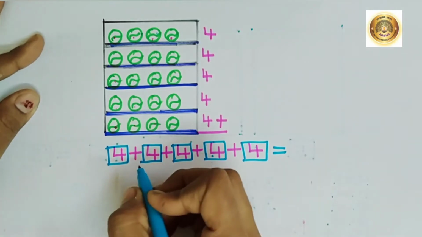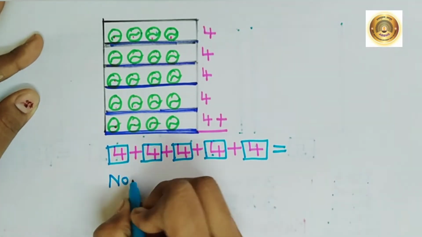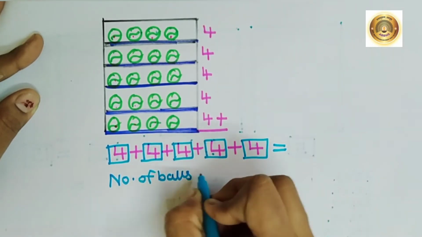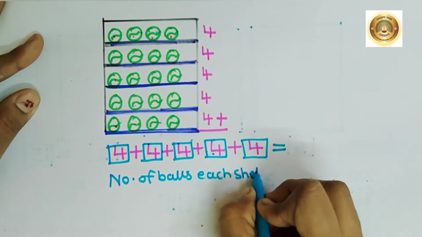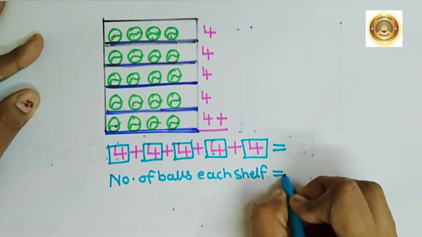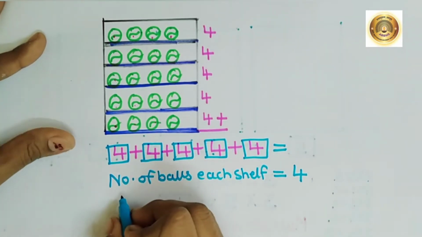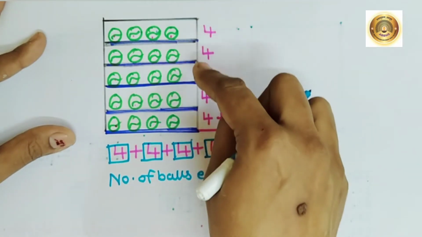So we will write here number of balls in each shelf is equal to 4. And what we will need? How many shelves do we have here?